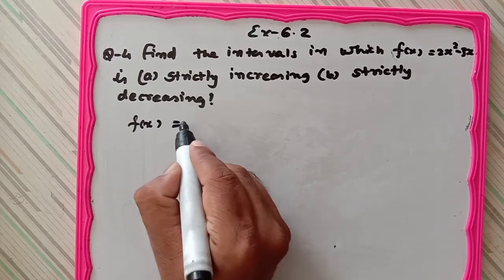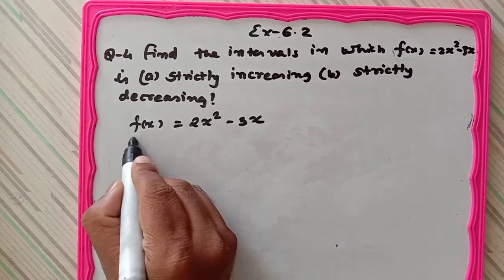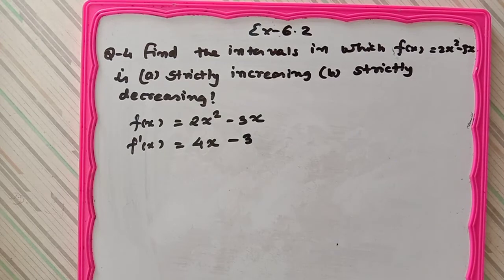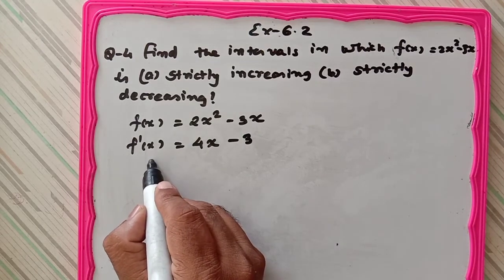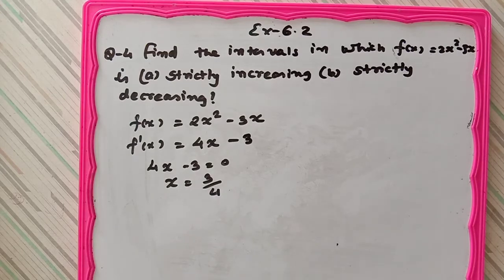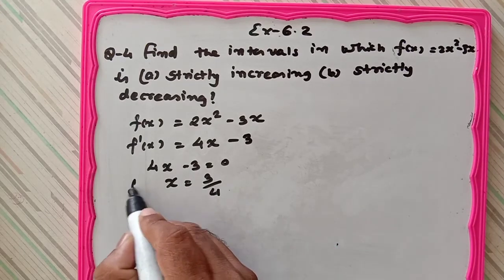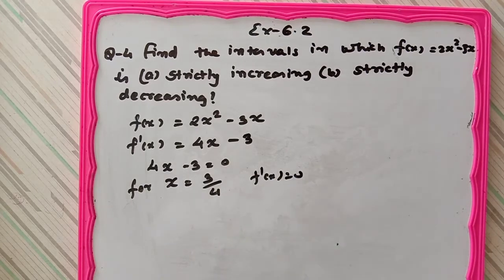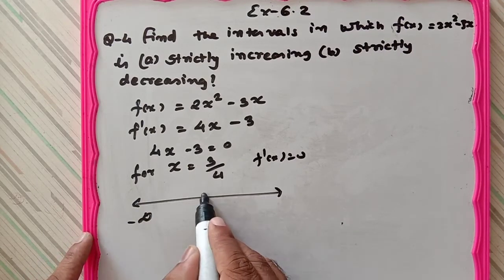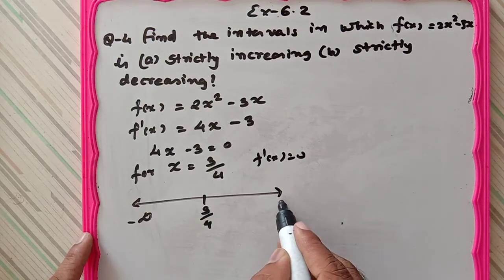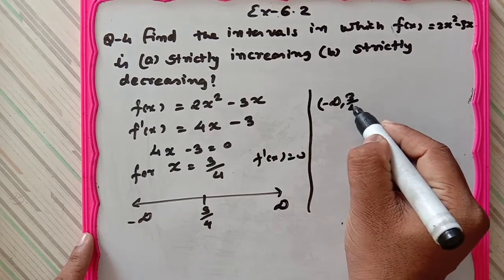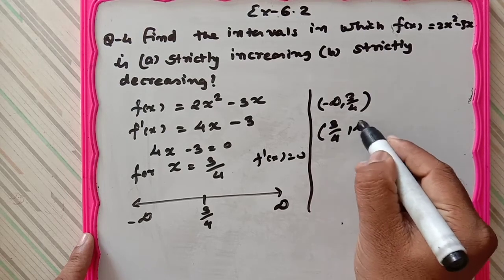So f(x) is given as 2x² − 3x, and so f'(x) = 4x − 3. For the critical point, we take f'(x) = 0, then 4x − 3 = 0, so x = 3/4. At x = 3/4 the sign will change, and so we have two parts: minus infinity to 3/4 and 3/4 to infinity.